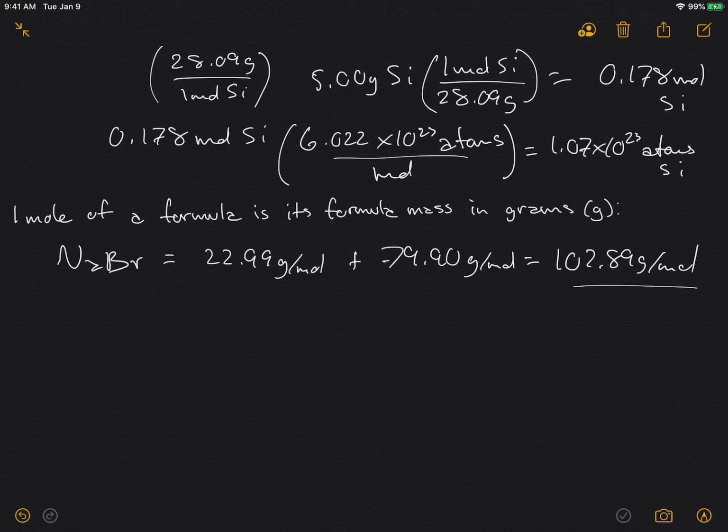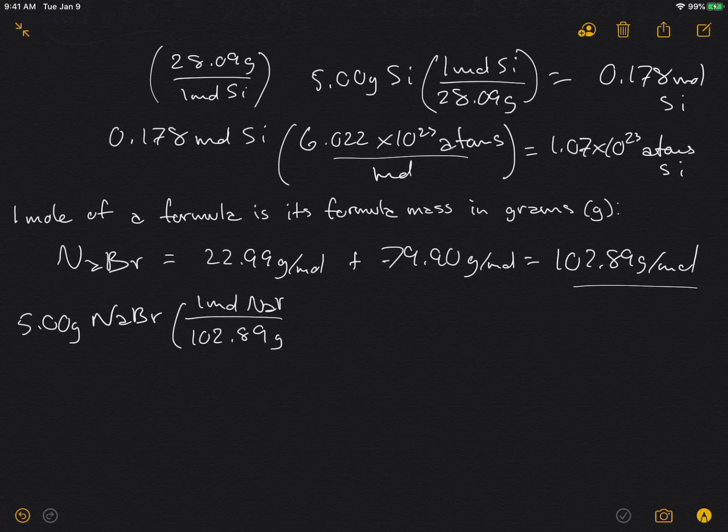So what can we do with this? Well, if we have 5 grams of sodium bromide, we can find out how many formula units we've got. So the first step is to convert to moles. Divide by the molar mass again. 102.89 grams is 1 mole of sodium bromide. And then we can multiply by Avogadro's constant.